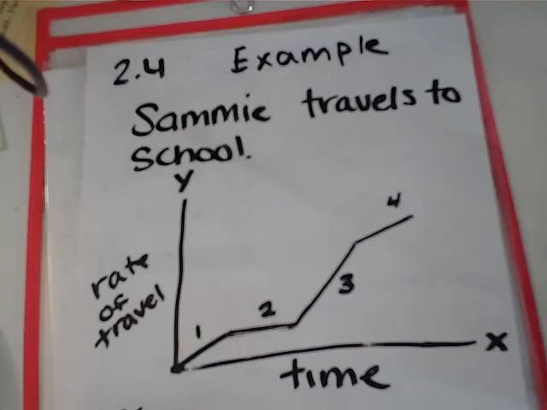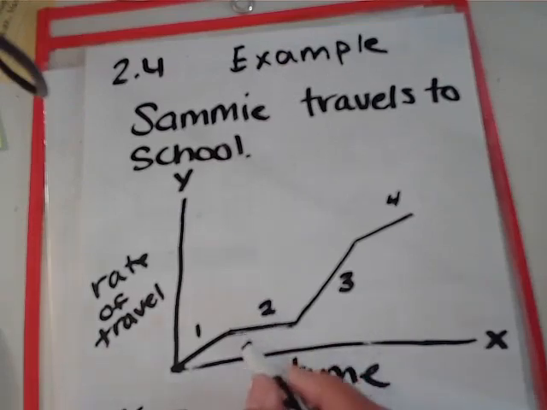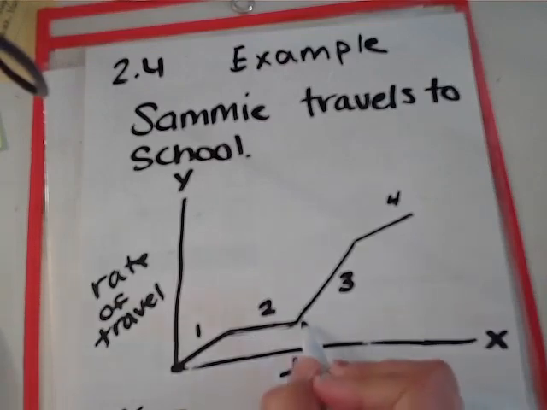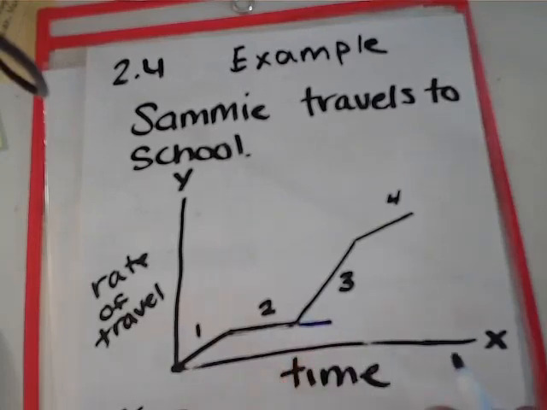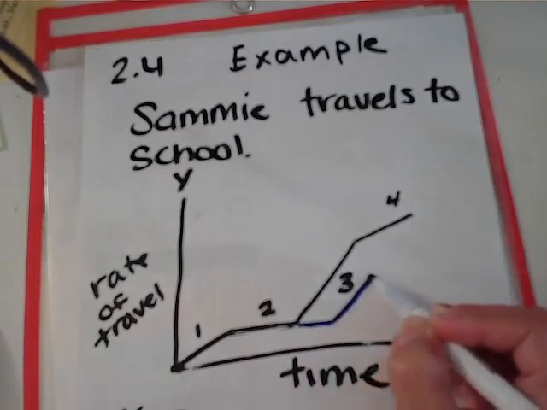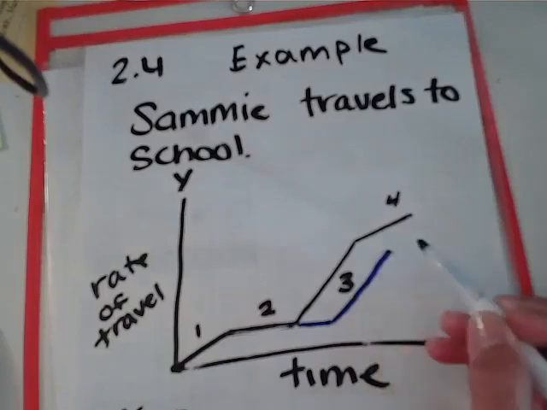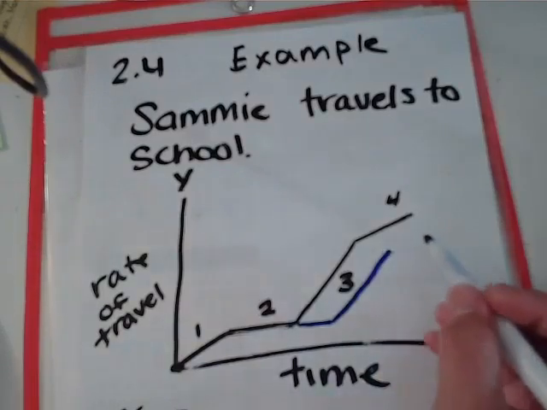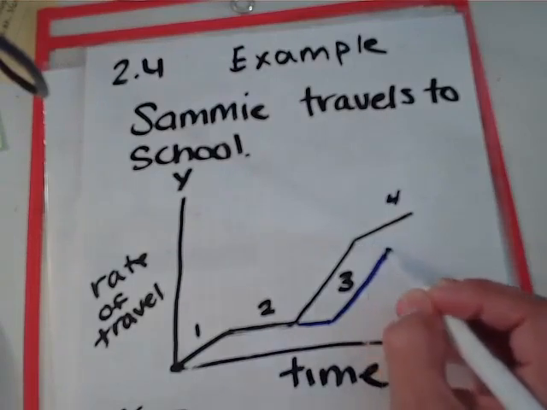Looking at this graph, can we predict what would happen if the bus was running late? How might this graph change? One way it might change is that the time in which Sammy is waiting for the bus might extend because the bus arrives late, which means the place of our bus segment would shift, but it would be the same rate of change.